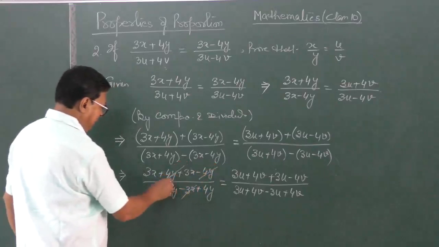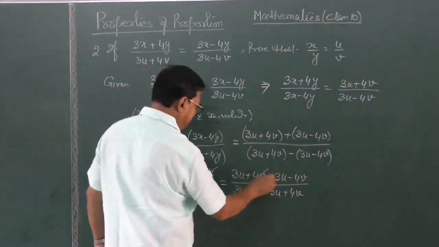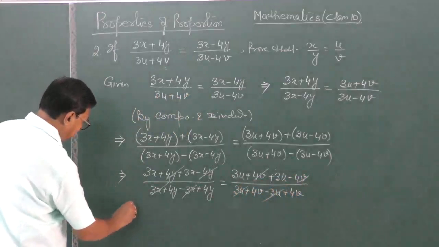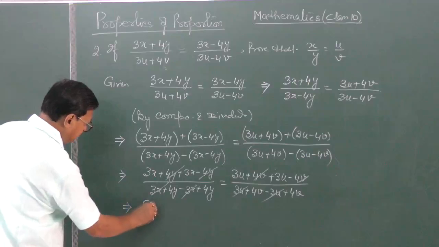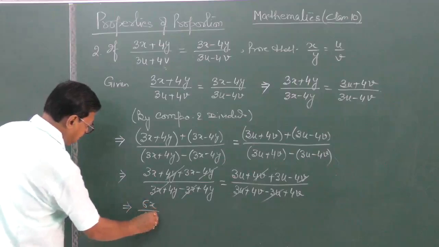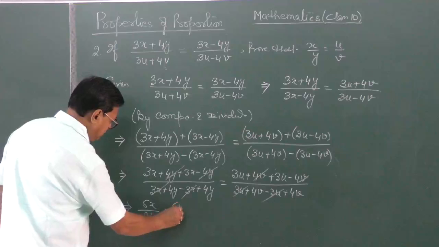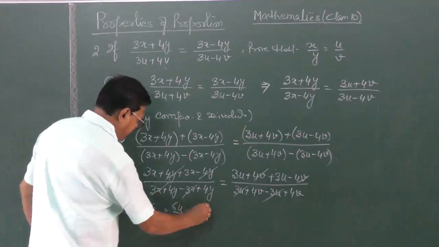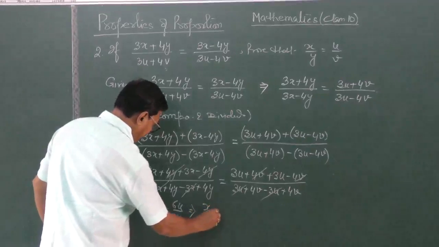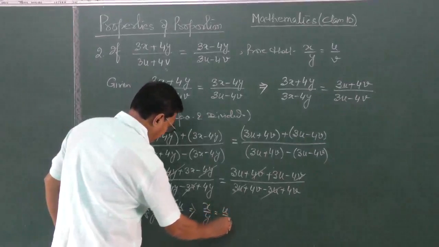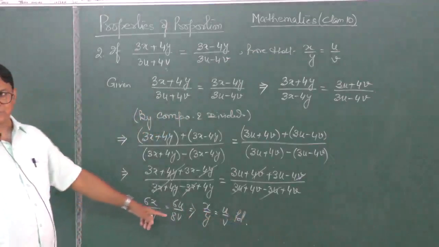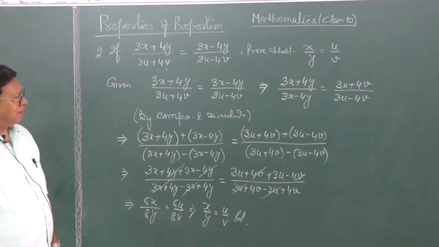Now simplifying it, six by 8 is a common factor, remove it, you got it.